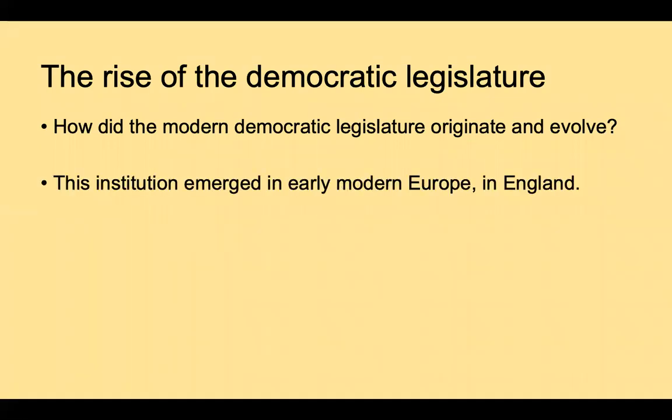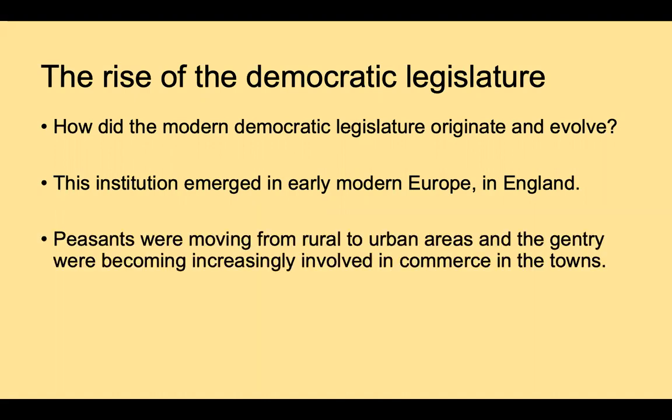And the story, interestingly, really takes us to the early modern period in Europe, and specifically in England. This is a period where peasants are moving from the countryside to urban areas, and the nobility or the gentry, the landed nobility, are becoming increasingly involved in commerce in the towns.